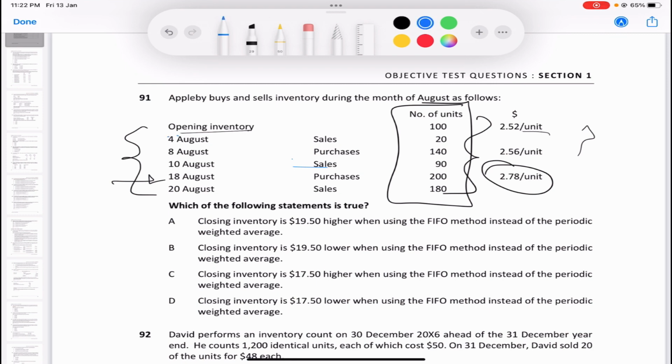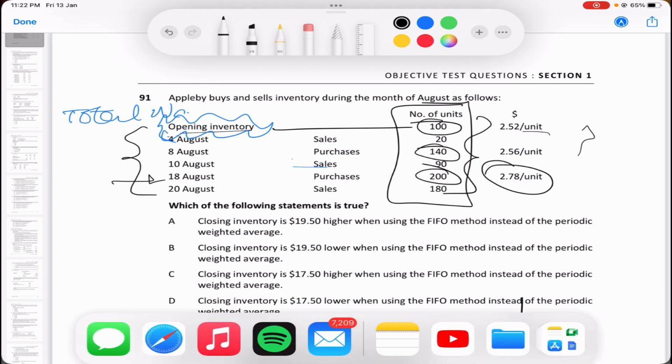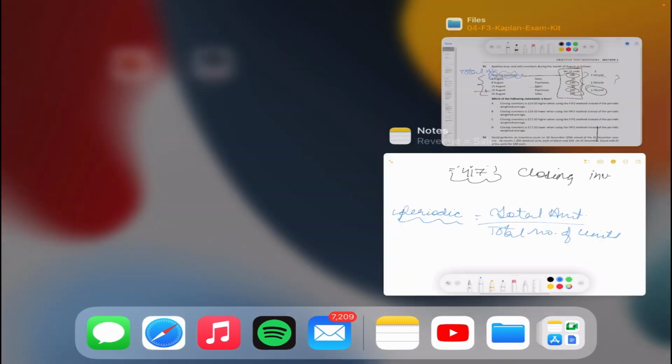So whenever we are talking about total purchases, we will always be including the opening inventory also. So I hope you know that. So total number of units will be 100 plus 140 plus 200. So that will give me 440.